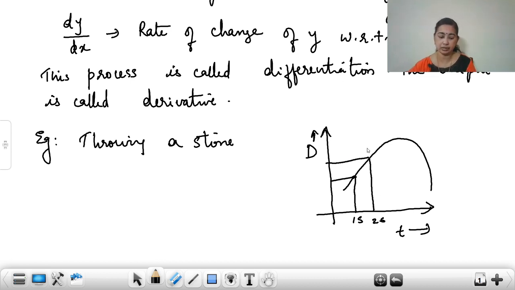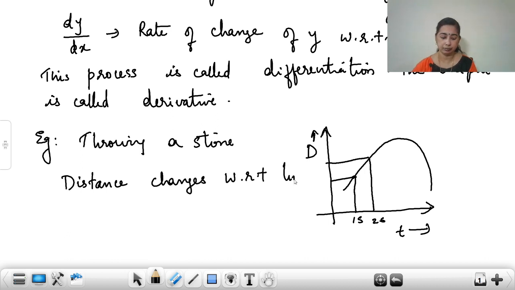Distance is changing with respect to time, and that we can write, as distance is s, as ds by dt.